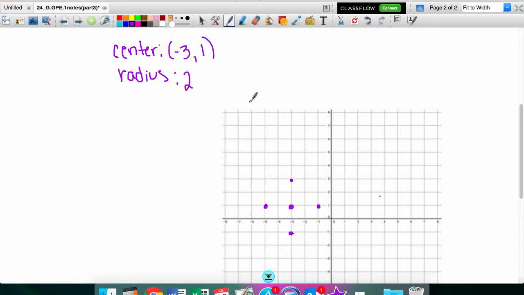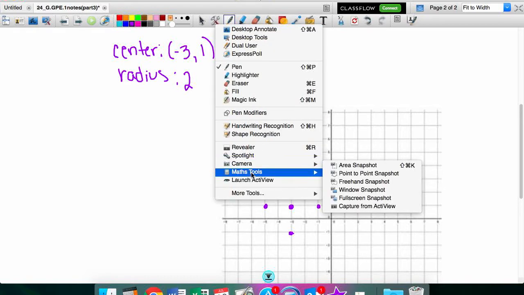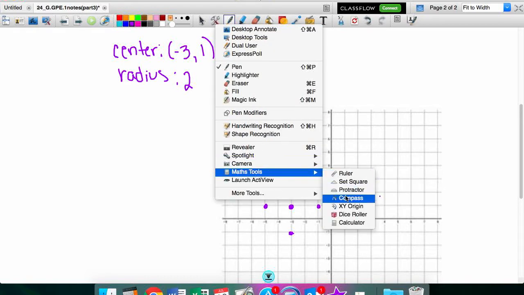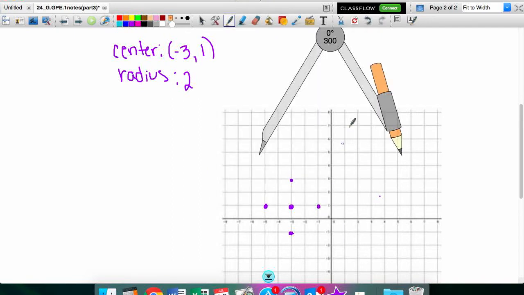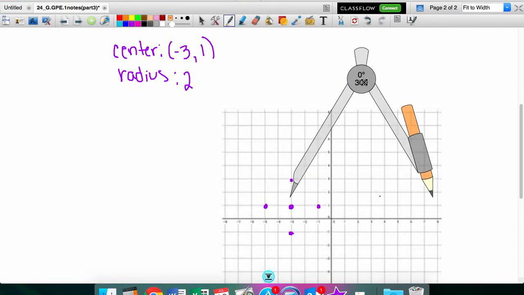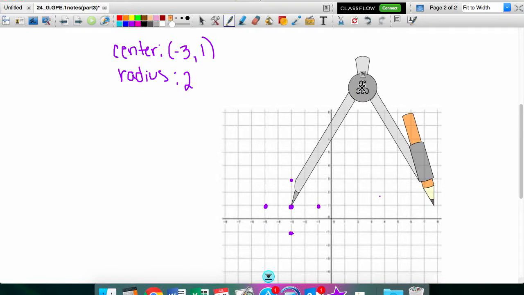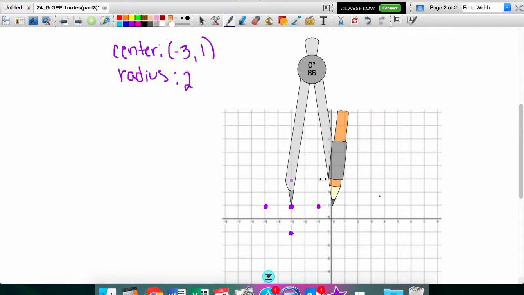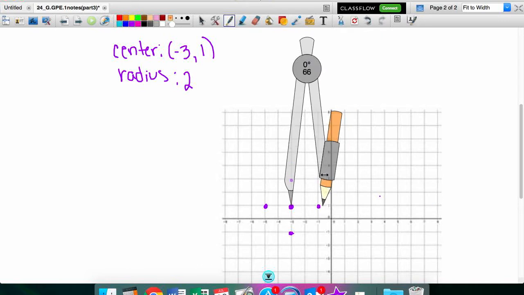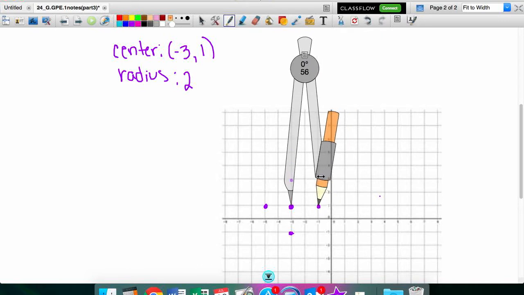Here's where you want to use your compass. So I'm going to go ahead and take my compass here and make my circle. So I'm going to put my tip on my center. And we will make this compass a little bit skinnier so that it fits to one of those key points.